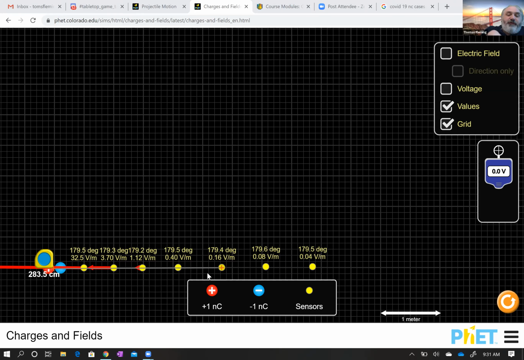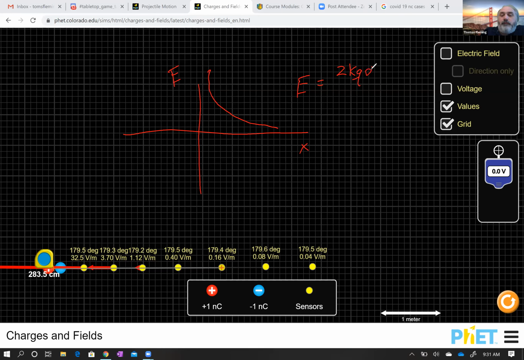So if I were to plot a graph of the value of x, that's the distance from the center, versus the value of E, what I expect to see from theory is an inverse cube, because of the formula that we're trying to verify. That's the thing we got when we just derived it.